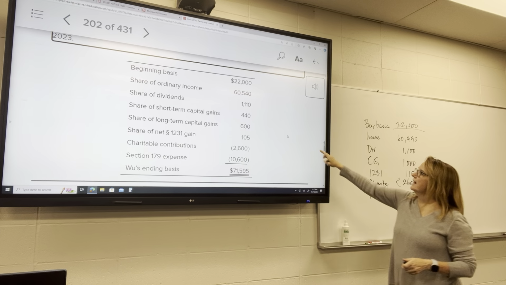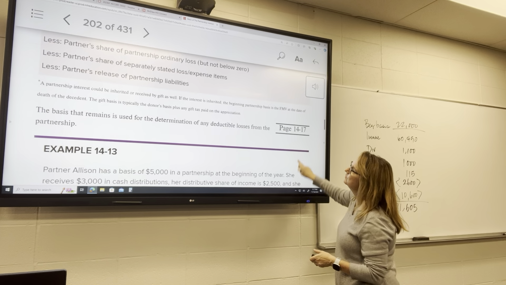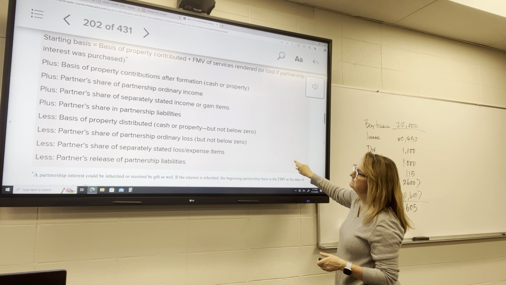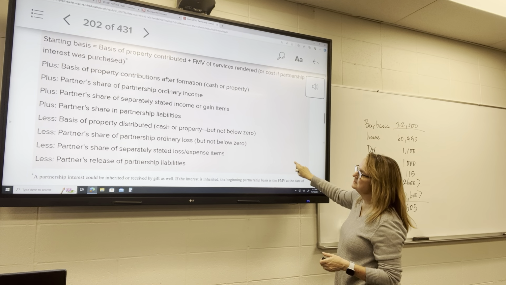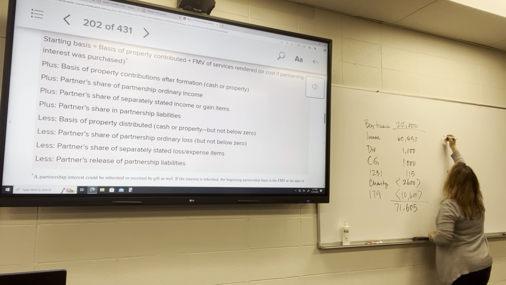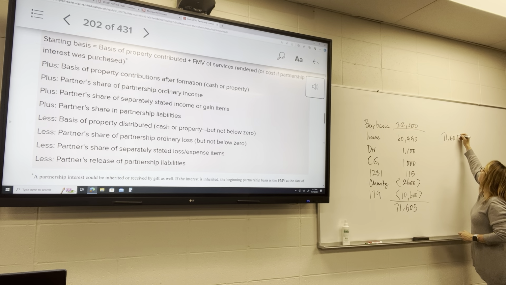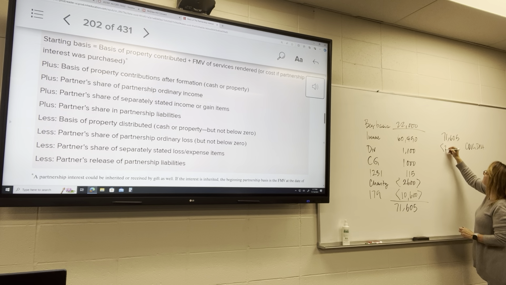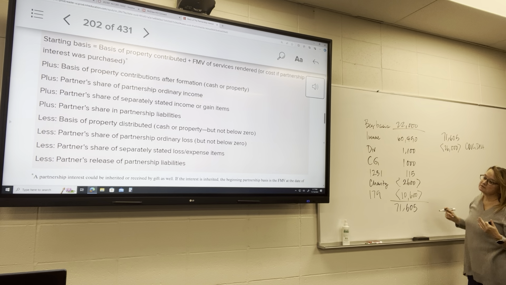Now we can subtract, let's look at the order here. So we calculated that basis. Now we also have to subtract the cash distribution, which was 26,000, which they didn't do in the calculation here.